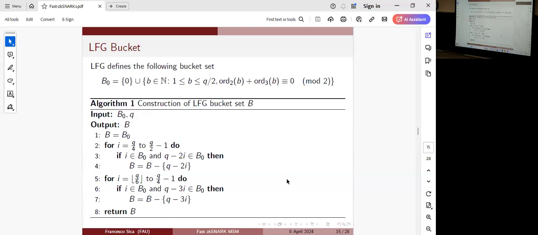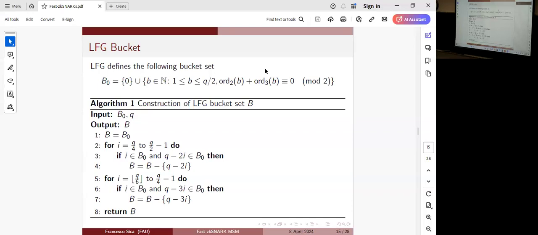So let me just explain a bit what the Luo-Fugong idea was. In fact, it's a very elegant idea. So they start with a set B0 here, which is just 0 and the integers between 1 and q over 2, whose sum of the powers of 2 and 3 occurring in their prime factorization is 0.